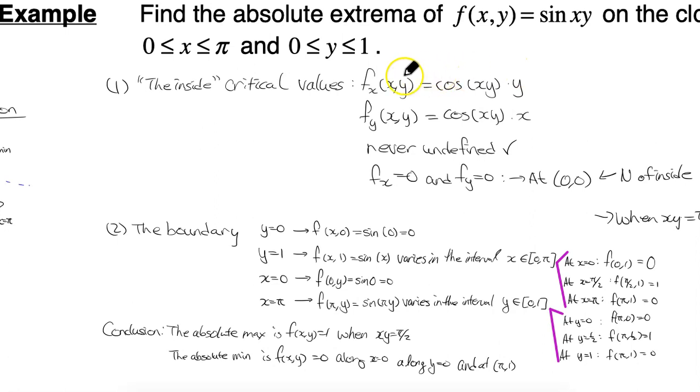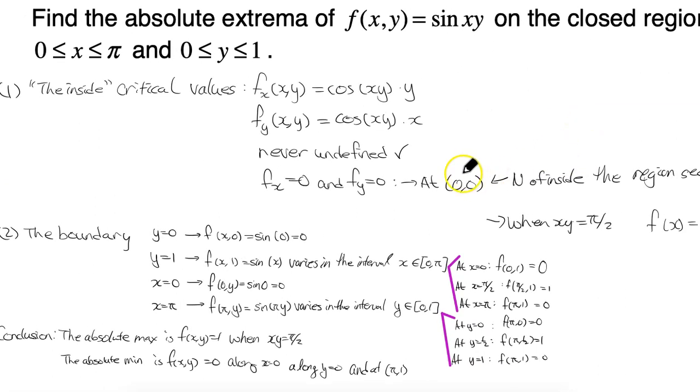So first we find the first partial derivatives, and we note that it's never undefined, so the only case we are interested in is when they are both equal to 0. There are two possible answers. The first one is at 0, 0. Indeed, if x equals 0 and y equals 0, we will find that both of these expressions are equal to 0.